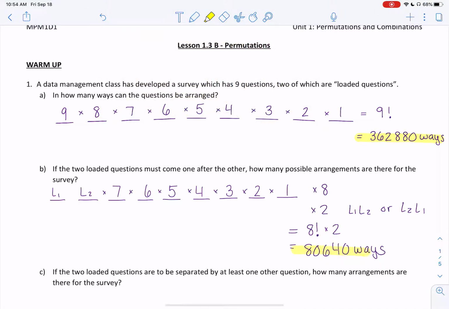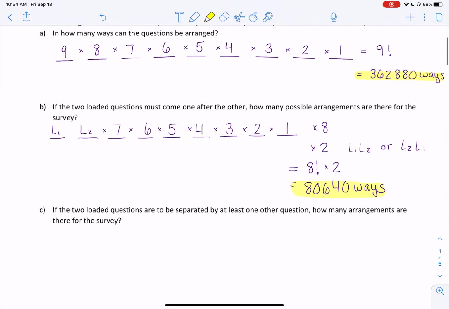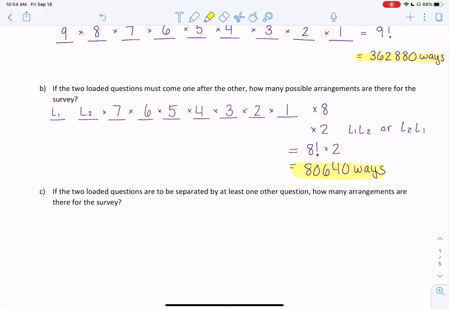So for question C, it asks us, if the 2 loaded questions are to be separated by at least one other question, how many arrangements are there for the survey? So this is just asking us how many ways are there for L1 and L2 to not be together.